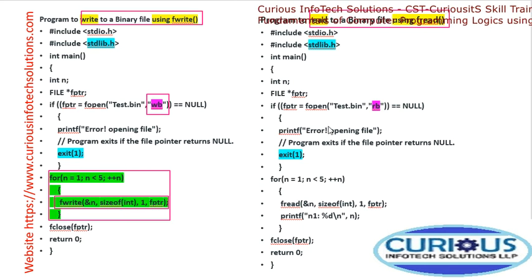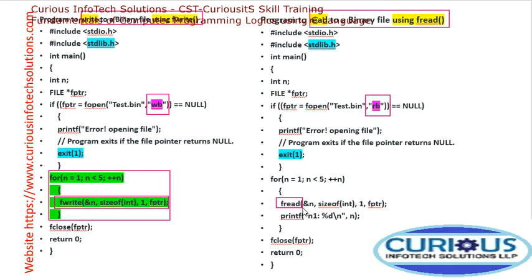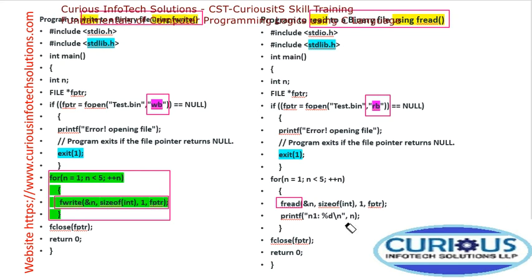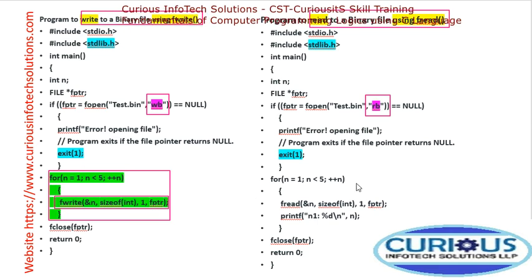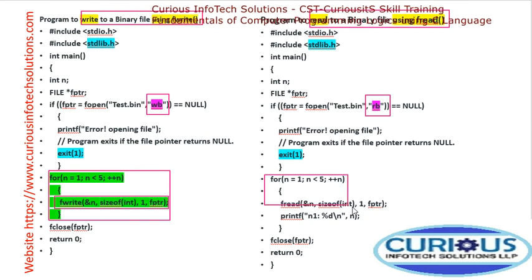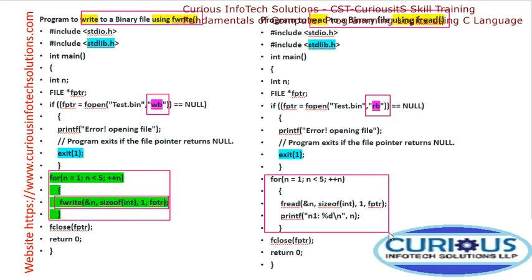Now come to the reading concept. In the reading concept, we are using the mode RB. This is important. And then we are using read. This is for the reading purpose.